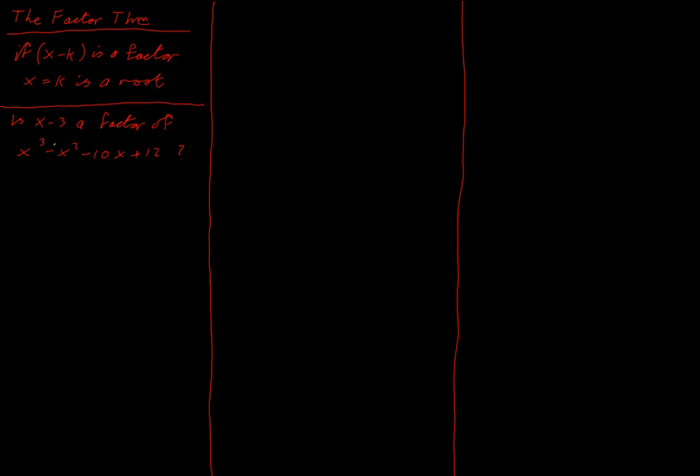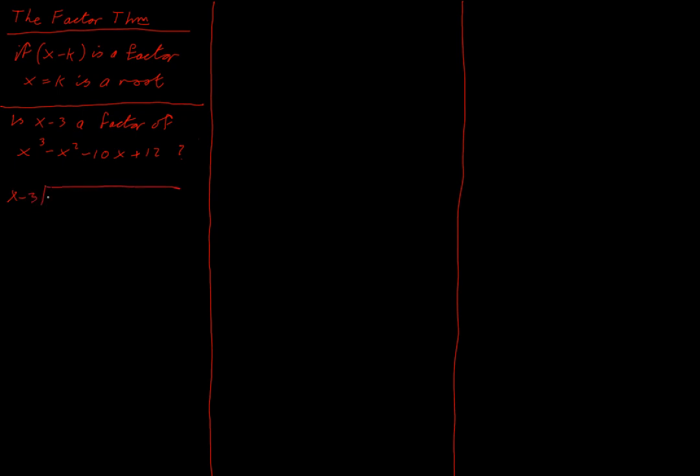If we hadn't been talking about the factor theorem, there's another way to do this question, and that would be to use long division to divide x minus 3 into our cubic expression, and we would see that we would get a remainder of 0 if x minus 3 was a factor. So we could do long division, a method you already know.